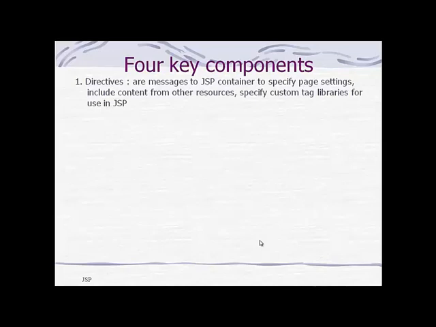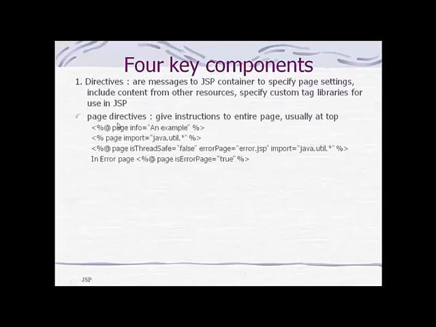Directives. These are messages to the JSP container to specify page settings, include content from other resources, and specify custom tag libraries for use in JSP. Example, page directives. It gives instructions to the entire page, usually kept on top of the page.